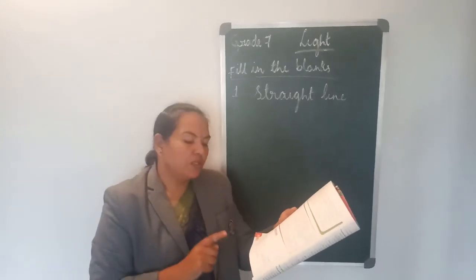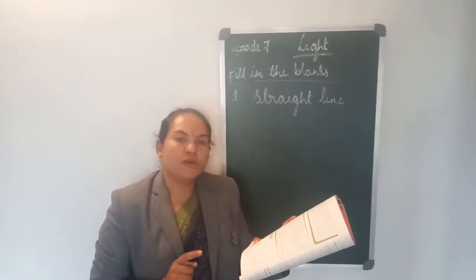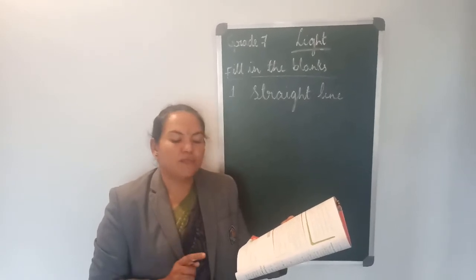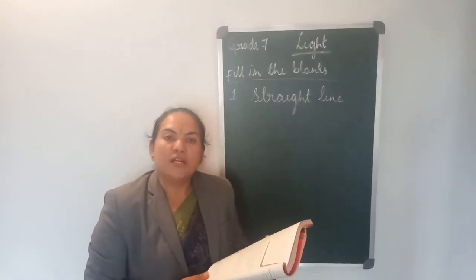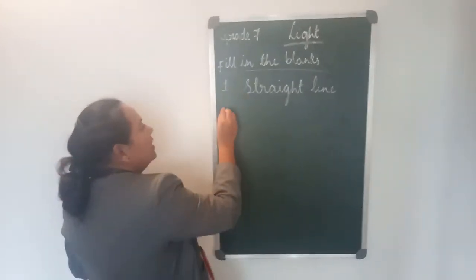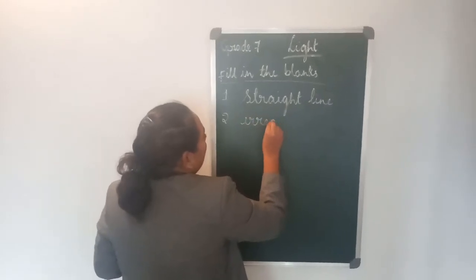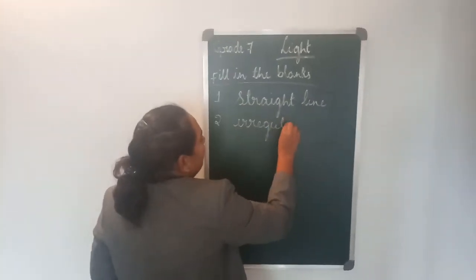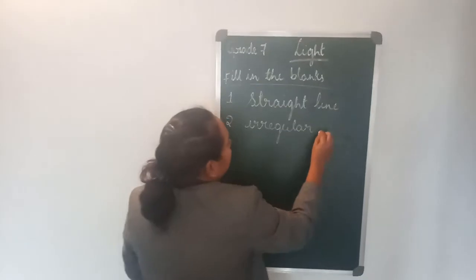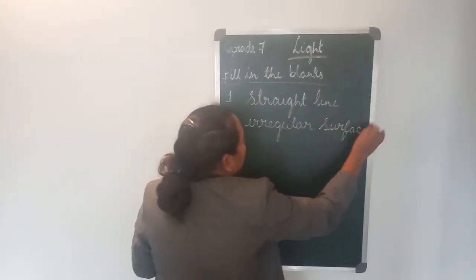Here, what is the question? The bumpy rough surface is also referred to as a dash surface. 2 options are diffused and irregular. Answer is irregular. Irregular surface is the answer.